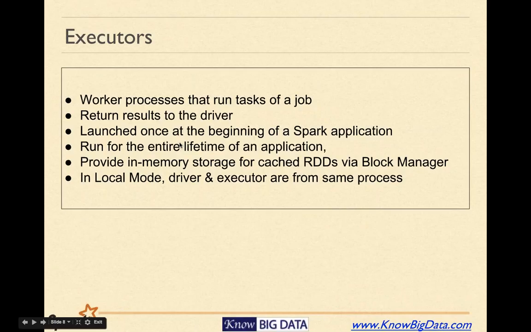There are different kinds of applications. Some applications want executors to be forever running, because there are long-running processes as well, right? And these executors provide in-memory storage for cached RDD via block manager.